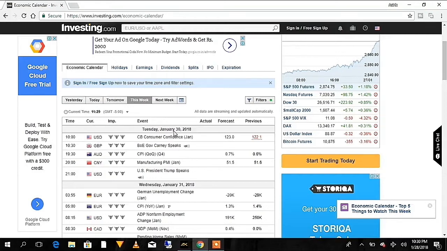And Tuesday, 30th January, I think is a very high trading day because we get three-headed news: CB consumer confidence, and another very important news for GBP, the BOE Governor Carney speaks. And if you trade in the Australian AUD market, there is CPI, which is not too important, but for this news the market can move 20 or 30 pips.